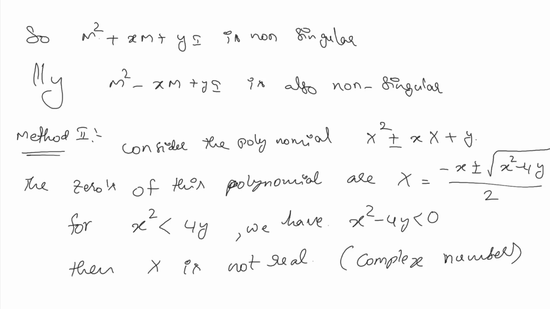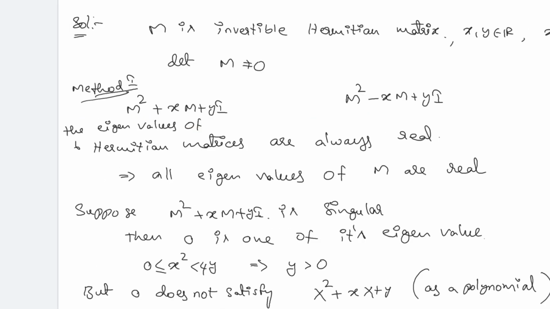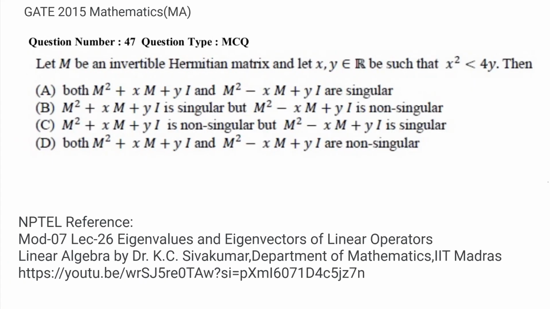But here for this corresponding polynomial we are getting the roots as complex numbers. So we can say m does not satisfy this polynomial, and hence 0 is not an eigenvalue, and hence the matrix is not singular. I am speaking about corresponding to each matrix separately. So we have both matrices are non-singular, hence option D is correct.